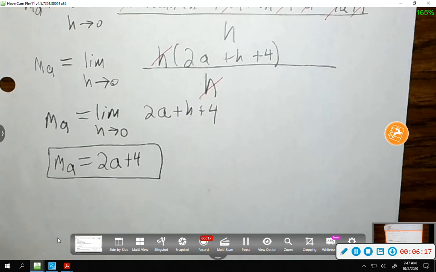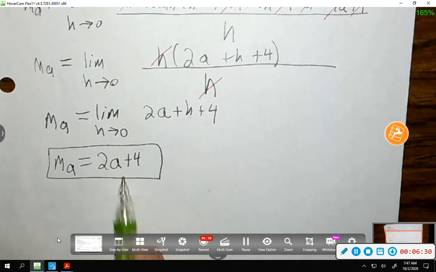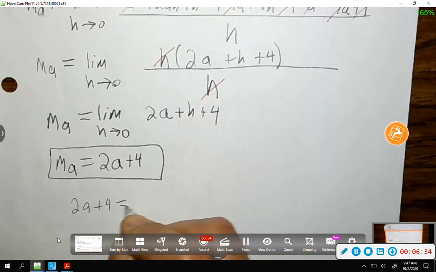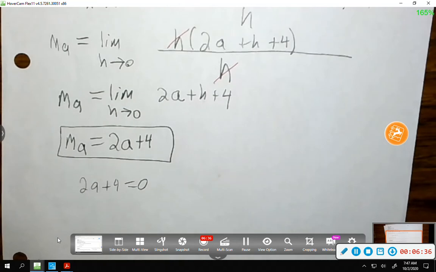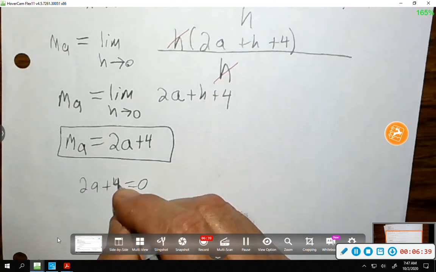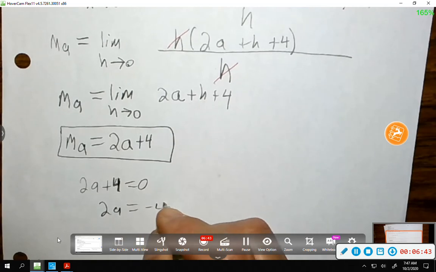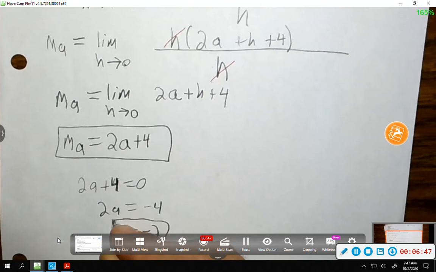But let's finish this question at hand: at what point is the tangent horizontal? If the tangent is horizontal, the slope equals 0. So I set this equal to 0. I can solve this by subtracting 4 to the other side and dividing both sides by 2. It's when a equals -2.